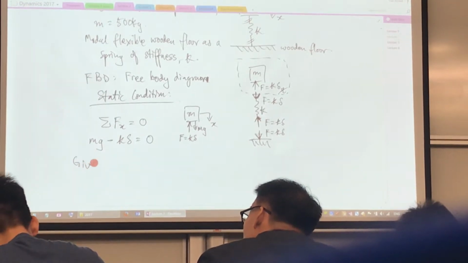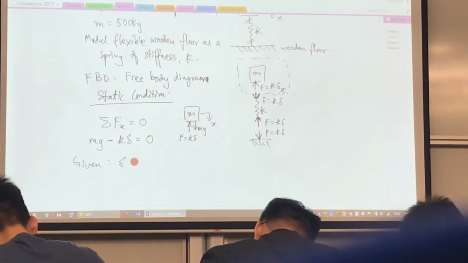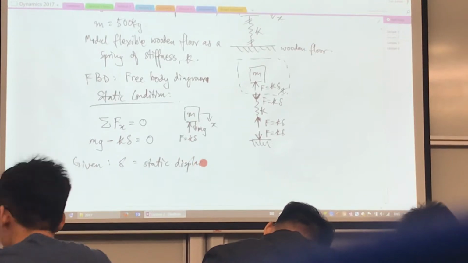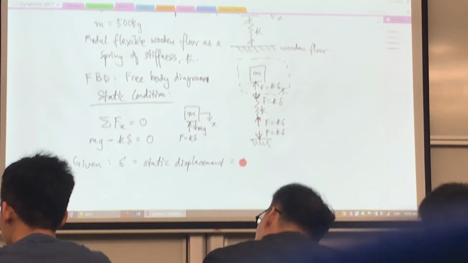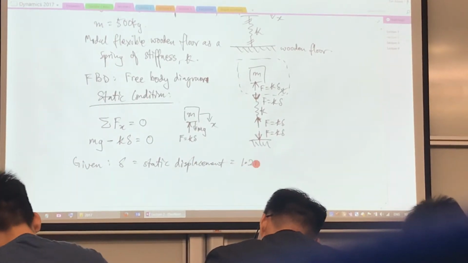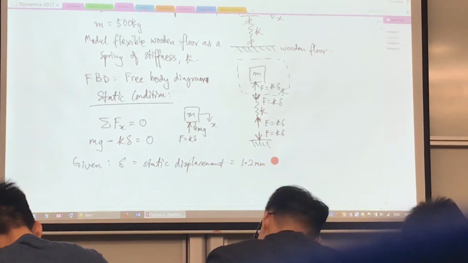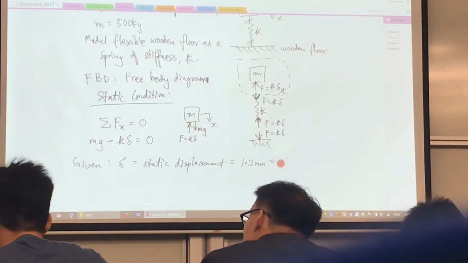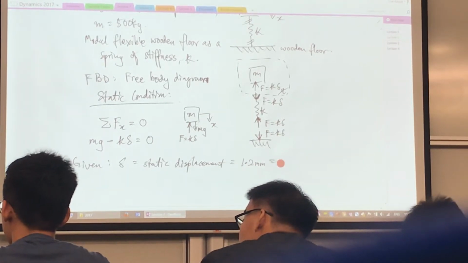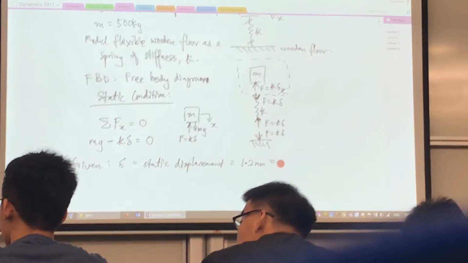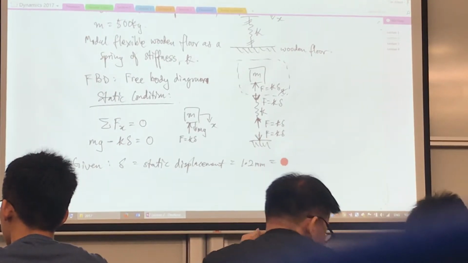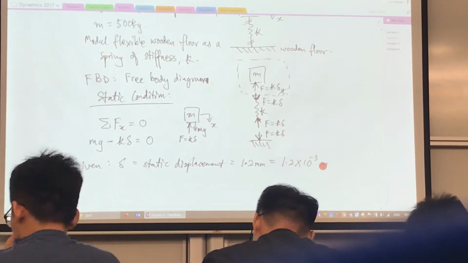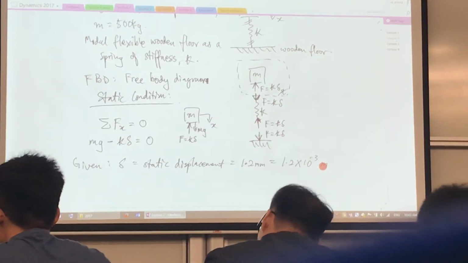In your question, you're given the static displacement with a certain value. The static displacement in this case is 1.2 millimeters. It's written in that question. How many meters is that? I'll write 1.2 times 10 to the power minus 3 meters, because in the calculator you type it that way too.